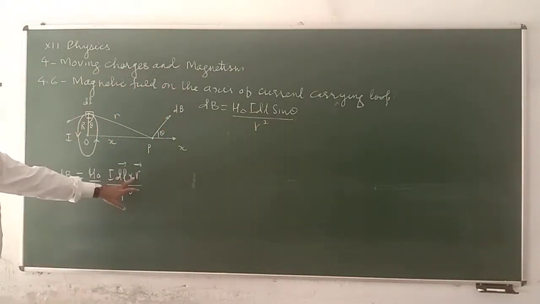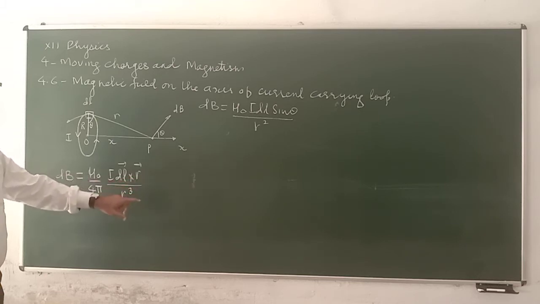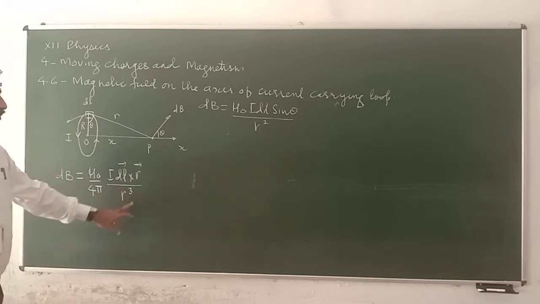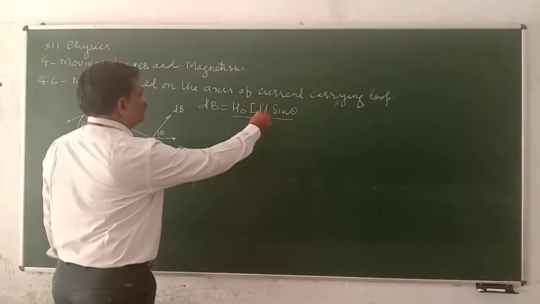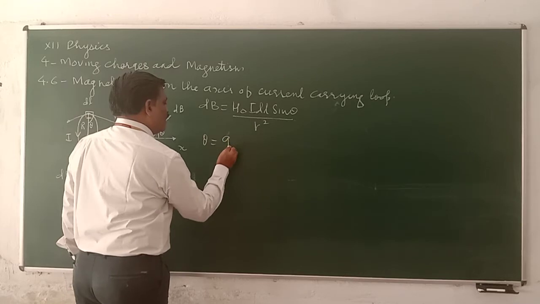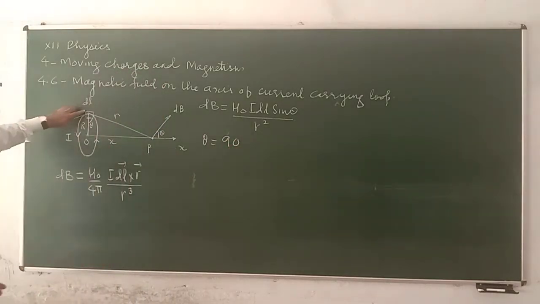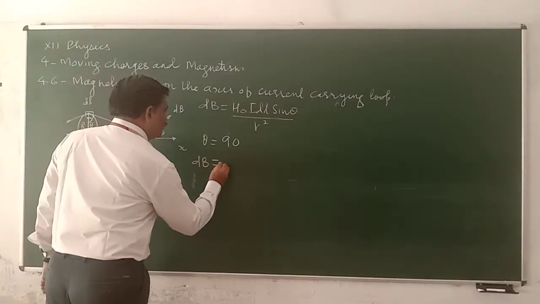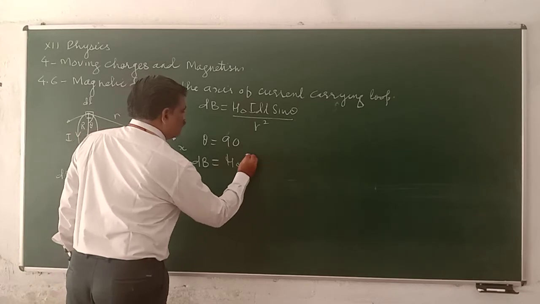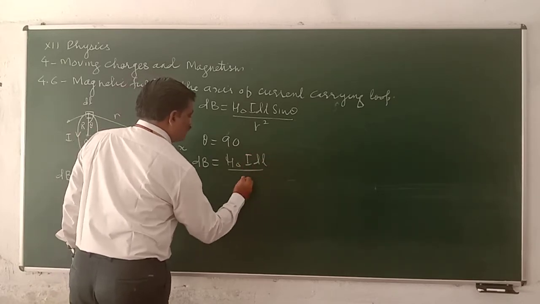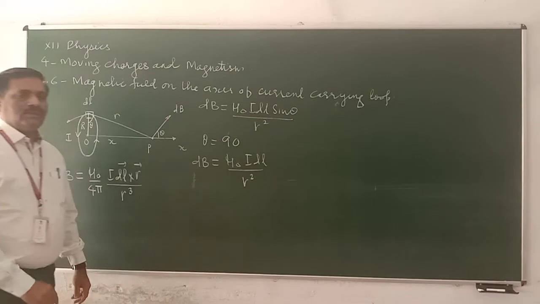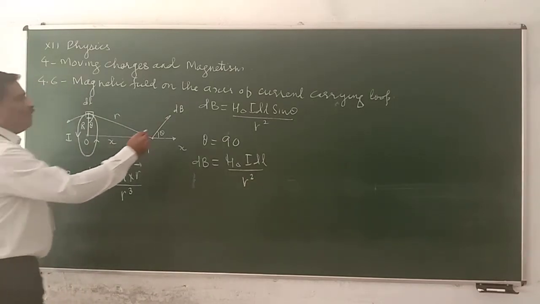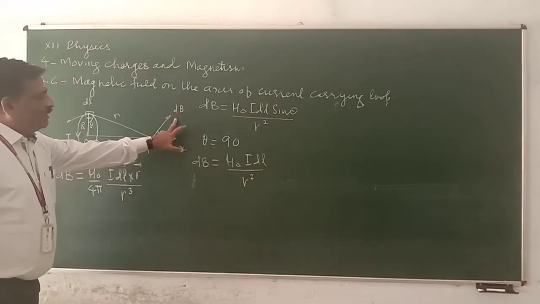Here one R will get cancelled with R cube. Now theta is equal to 90 degrees, as dl and R are perpendicular to each other. So dB is equal to mu 0 I dl divided by 4 pi R square. This is dB, and it is in this direction.